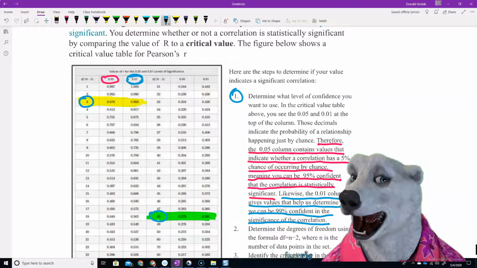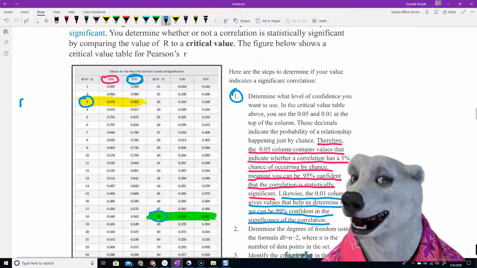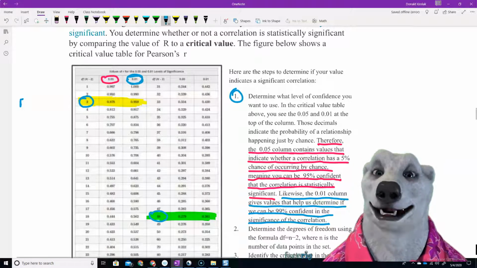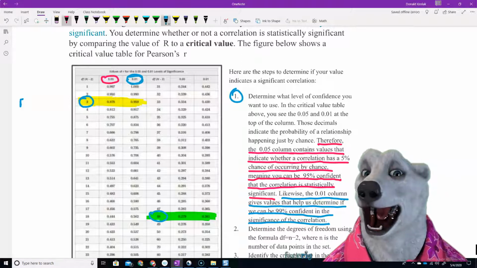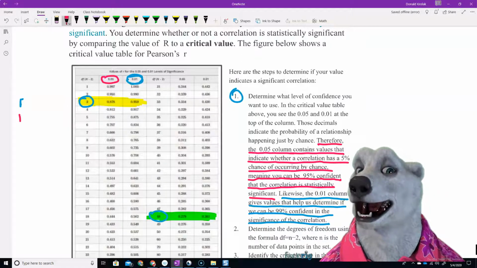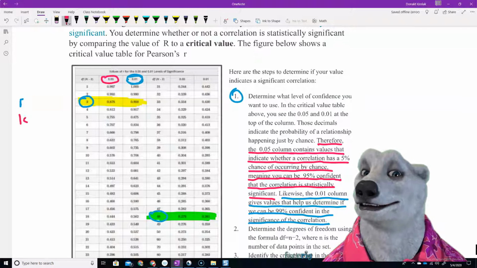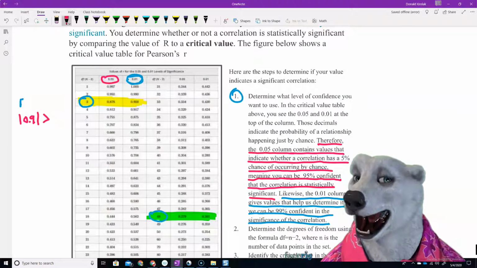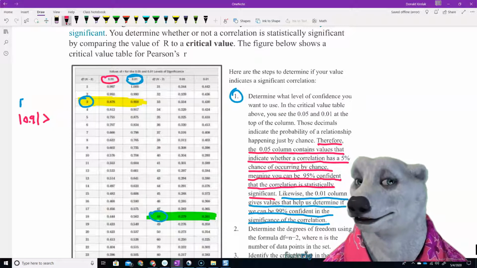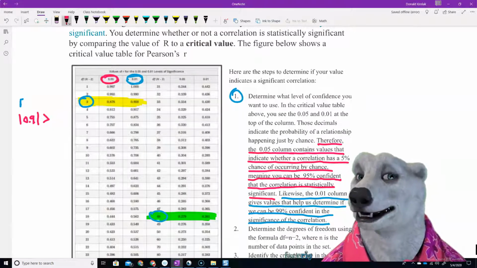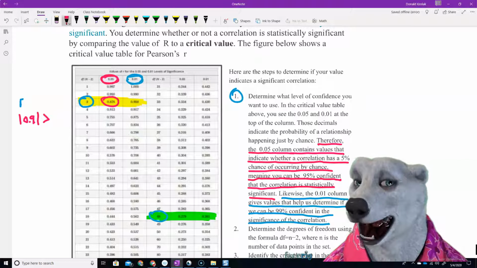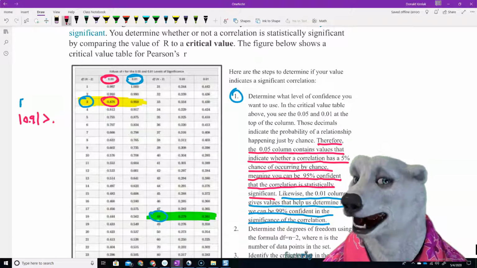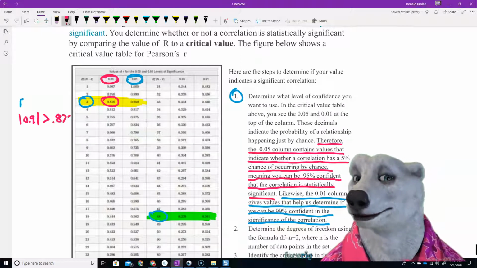All right, so let's see. R was what did we say? It was 0.9, right? So the absolute value of 0.9 is greater than... Now I go over here. We're using the 95% confidence column. That's 0.878.